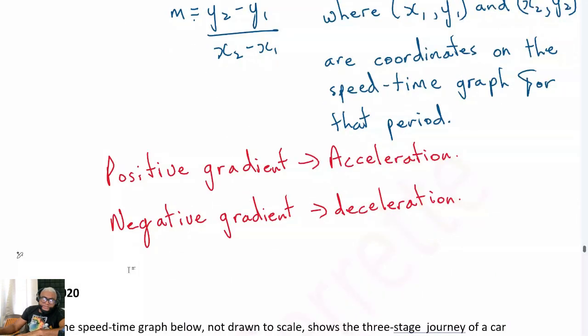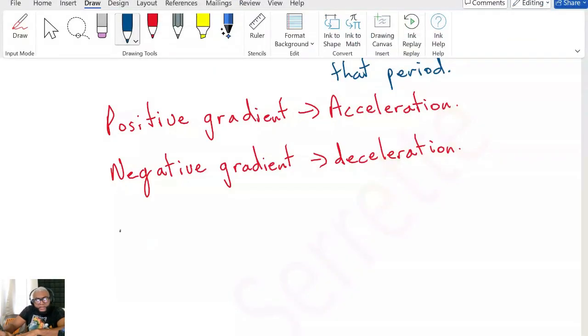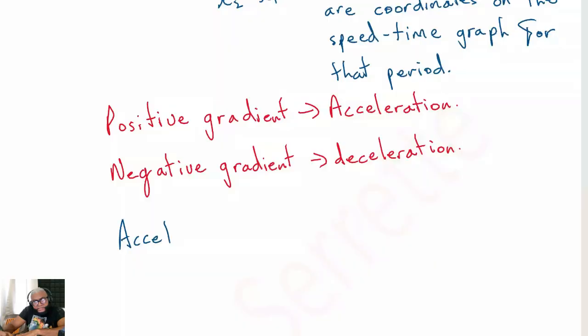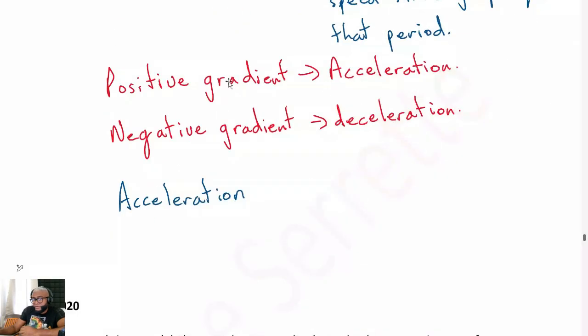And something else I want you all to know is that acceleration can also be viewed in another way. Above, I gave you the coordinate geometry definition for gradient, right?